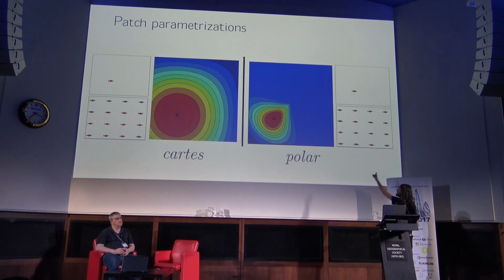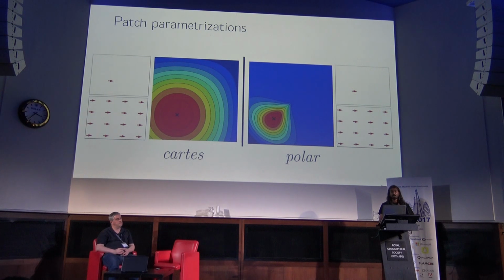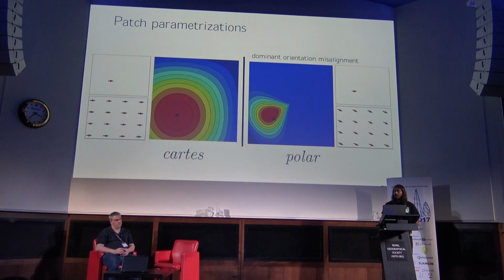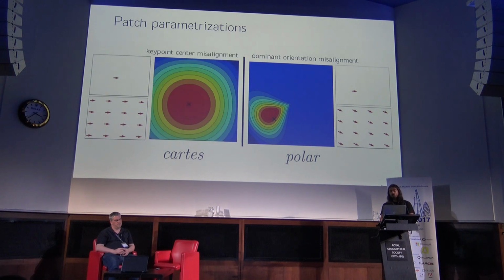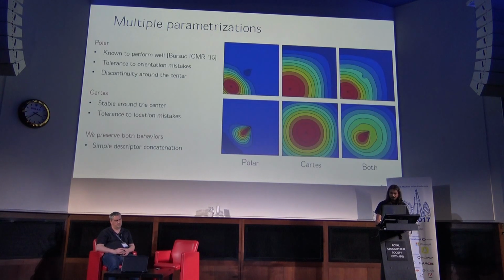So when I am normalizing my patch, suppose I make an error in estimating the dominant orientation, then all these pixels are going to have a slightly different dominant orientation. But you can see that the kernel shifts to compensate for this. Now the Cartesian case is tolerant to translation because we have this nice red patch in the center, which means that the scores are going to be similar even for small translational displacements.